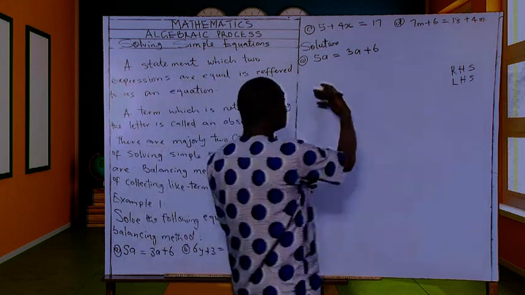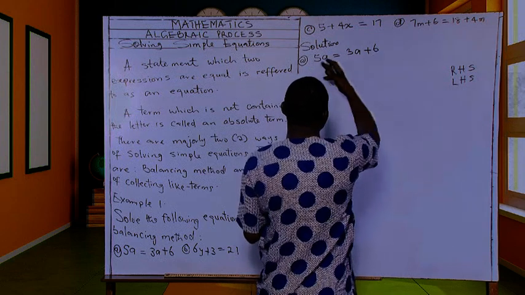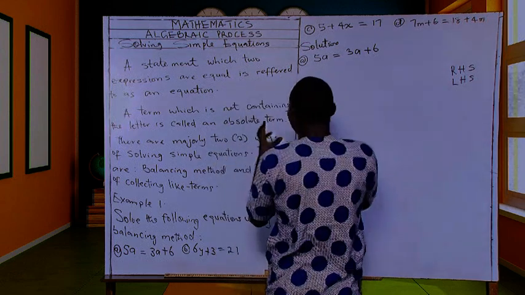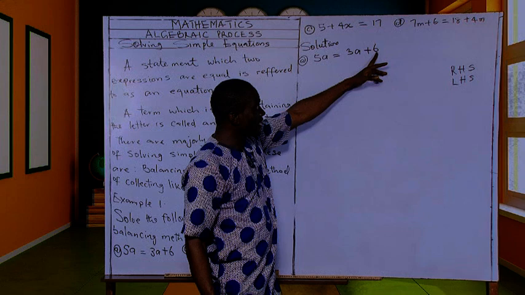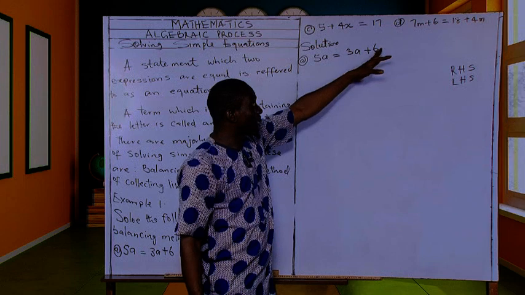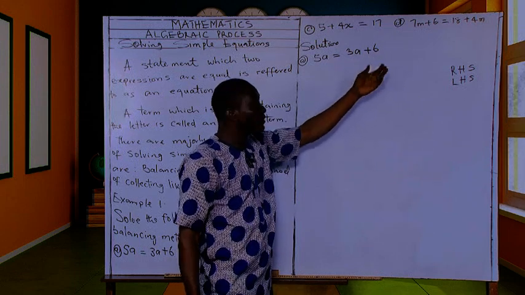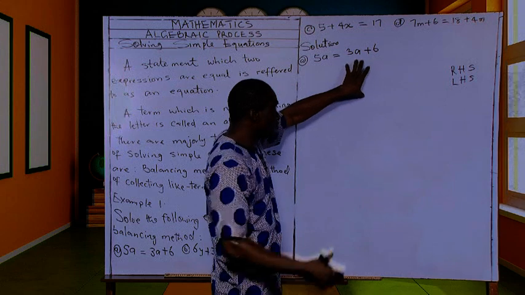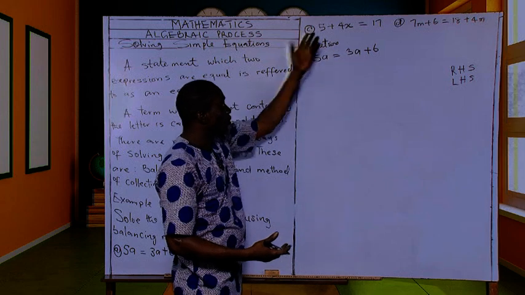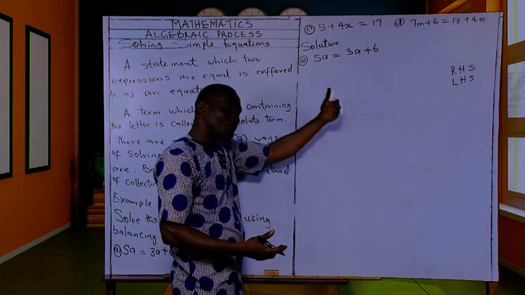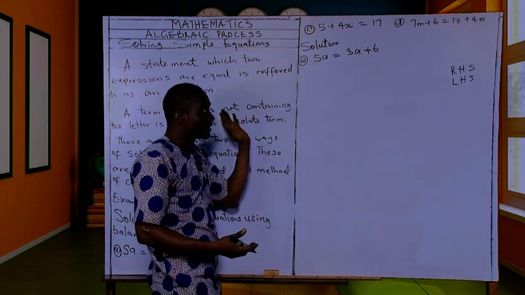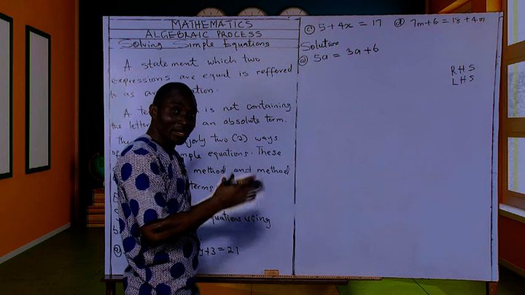Which term do we have here that is an absolute term? 6 is an absolute term, a term without a letter. So it is the only one that is going to be at the right hand side. The remaining non-absolute terms are going to be at the left hand side. I hope you get my explanation.